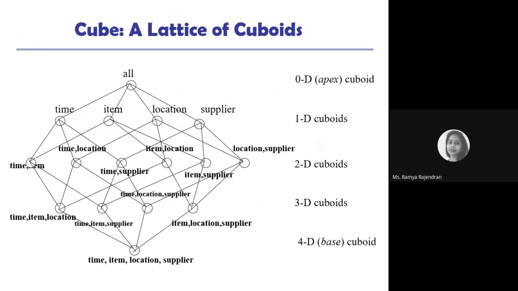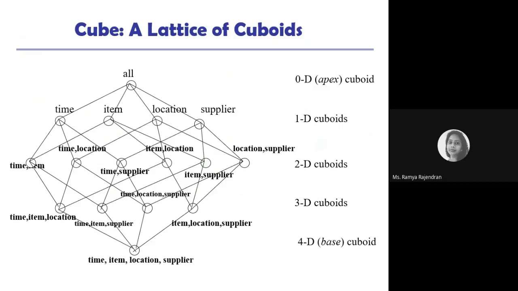This is how a cube, which is a combination of a network of cuboids, looks. For example, we just had time, item, location, and supplier tables. When all of this comes together, it is called a zero-dimensional cuboid or an apex cuboid. It is at the top, and it has 4 different tables within it.